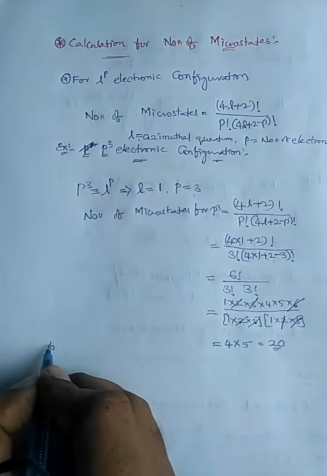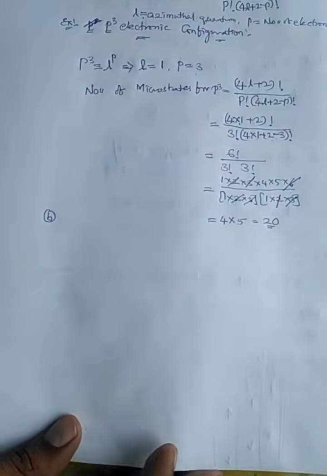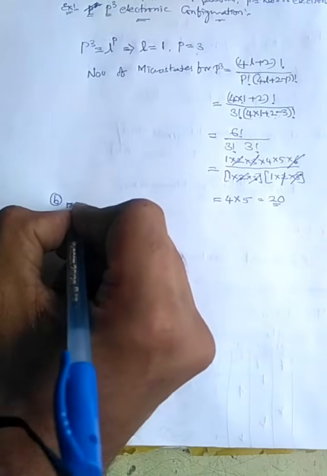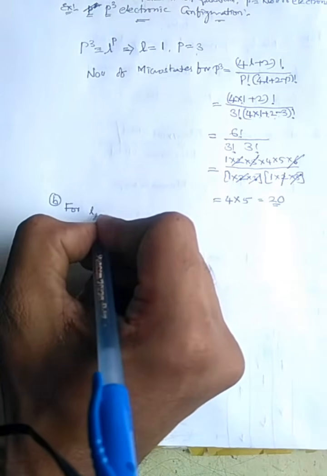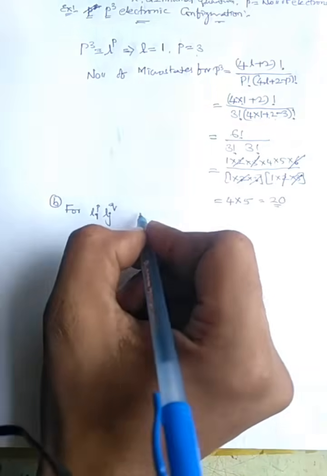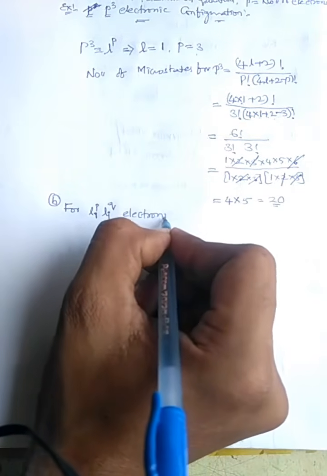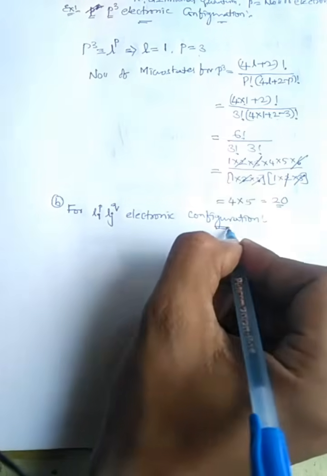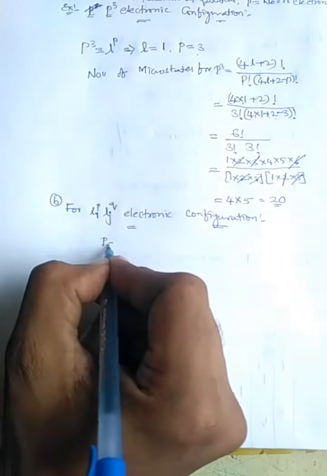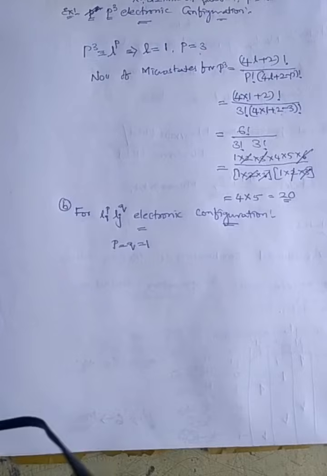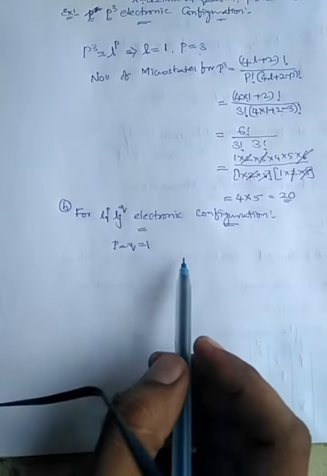Coming to the second formula, to calculate the number of microstates for the electronic configuration of li to the power of p, lj to the power of q, where p equal to q equal to 1, a doubly orbital electronic configuration having a single electron in each.